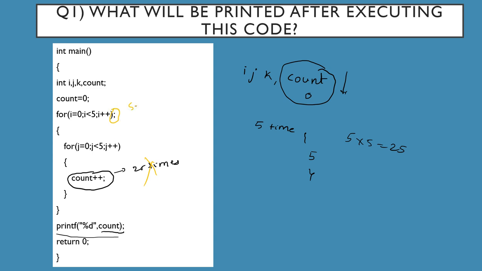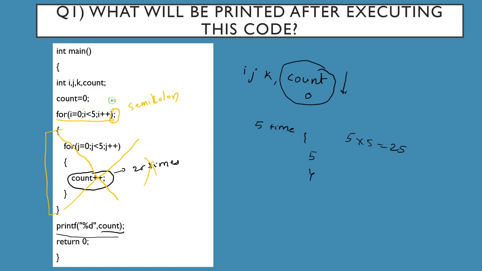This is a semicolon, which means that after coming here, the statement in this block will not be executed. That means all these statements will not be executed, and the for loop will try to execute 5 times.